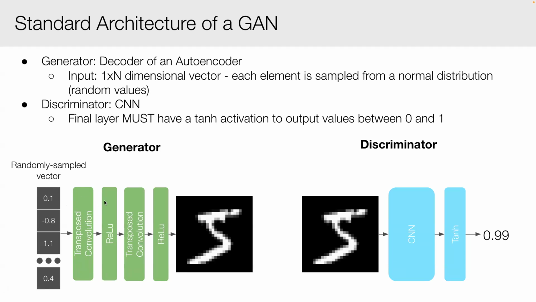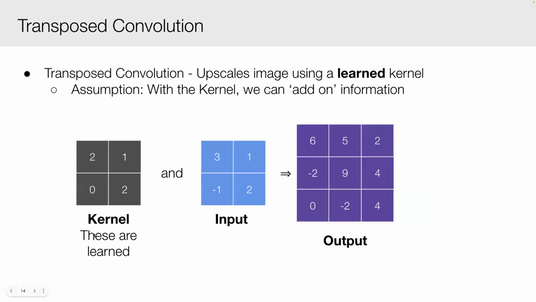We then learn something called a transposed convolution, and we feed those through nonlinear layers. A transposed convolution you can think of almost as the inverse of a convolution. You take some n by n portion of your image and a kernel of the same size, and using the kernel you're able to blow up the image, like increase its size.